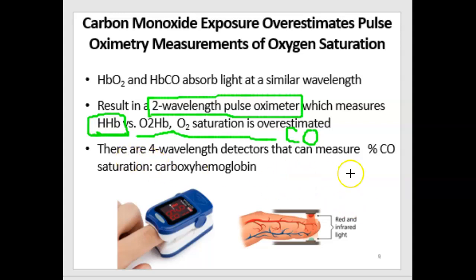So it could be a high pulse ox reading even if you've been exposed to carbon monoxide and that has displaced your oxygen. There are now 4 wavelength detectors that can differentiate between oxygen saturation and carbon monoxide saturation, so that is becoming more widespread.